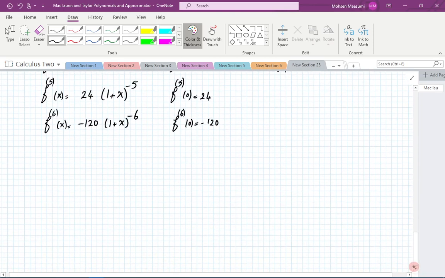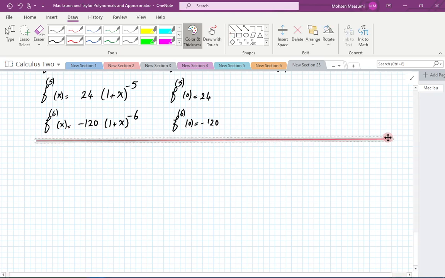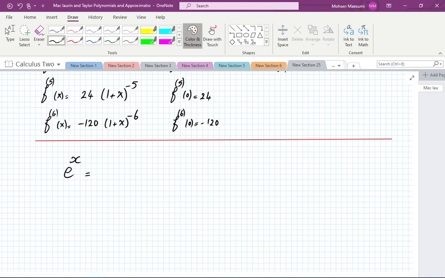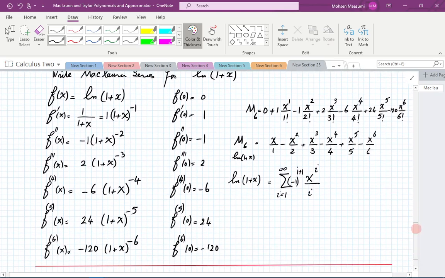So let me leave you with one example to do yourself. Perhaps nicest of all of them, that is the Maclaurin series for exponential of x. This is a particularly simple one because the derivative of exponential is always just exponential, and the value of it at 0 is always just 1. So what happens is that our job becomes very easy.